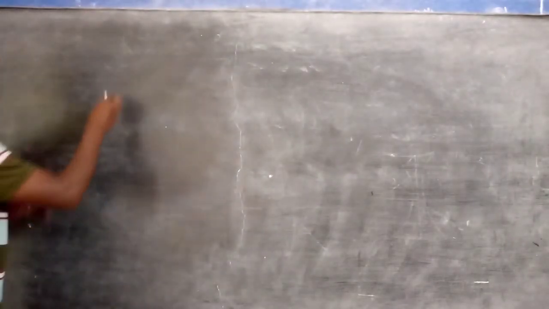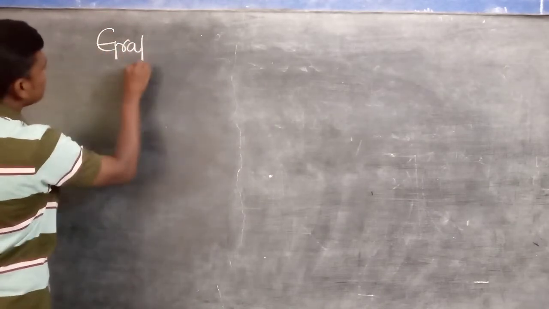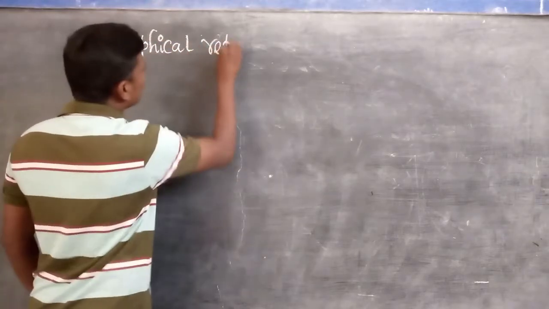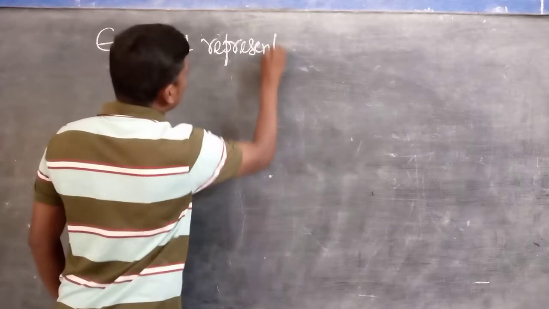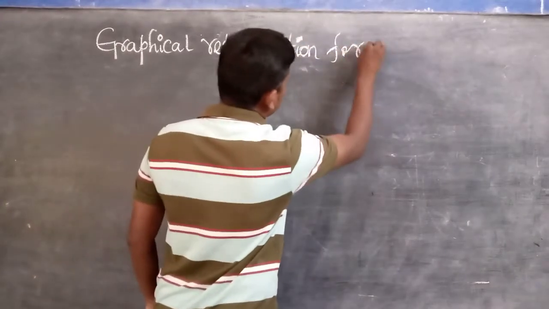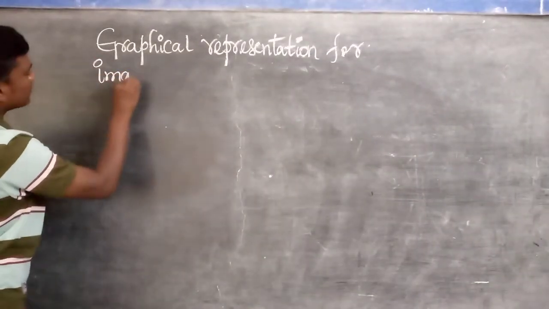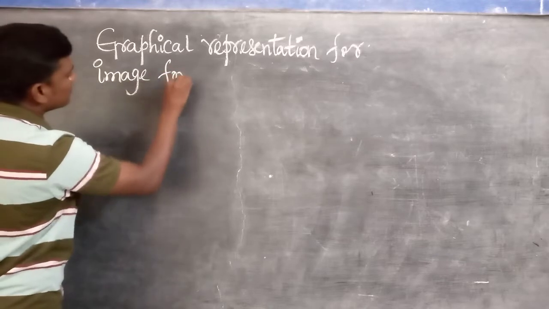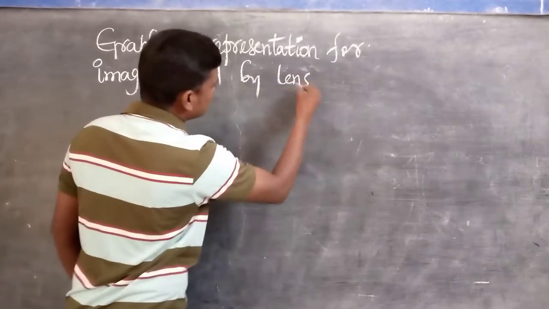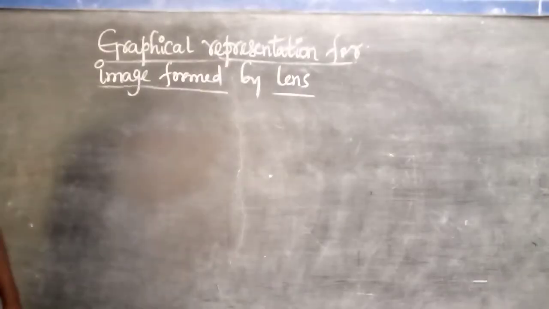Our concept is graphical representation for image formed by lens, either convex or concave.